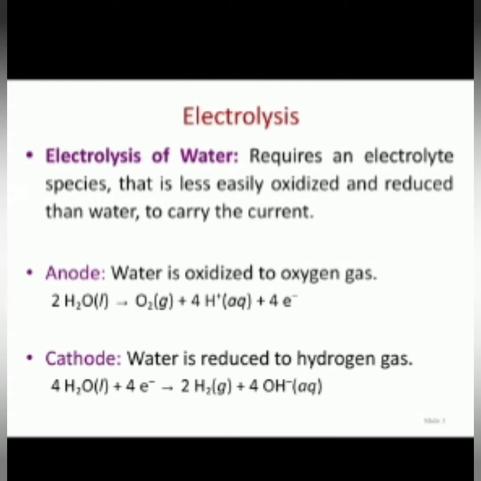The water molecule gains 4 electrons to give 2 molecules of hydrogen gas and 4 hydroxide ions.